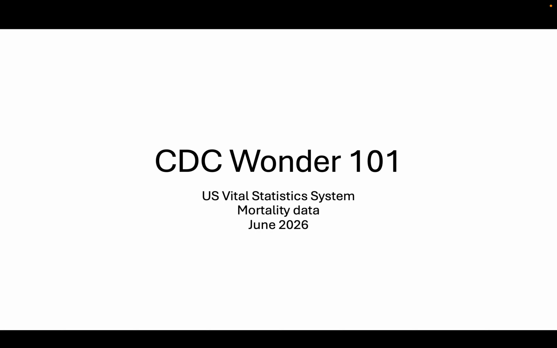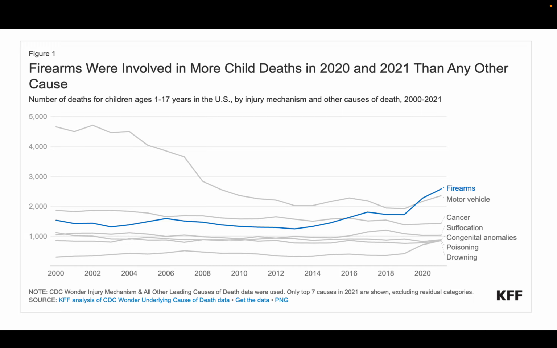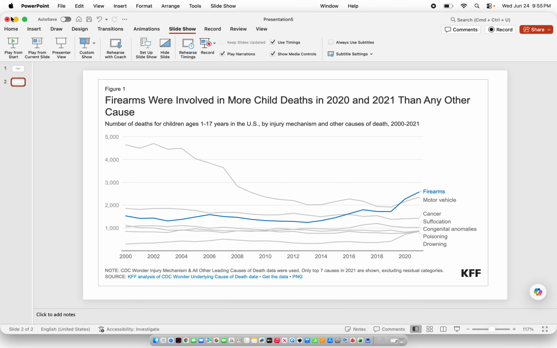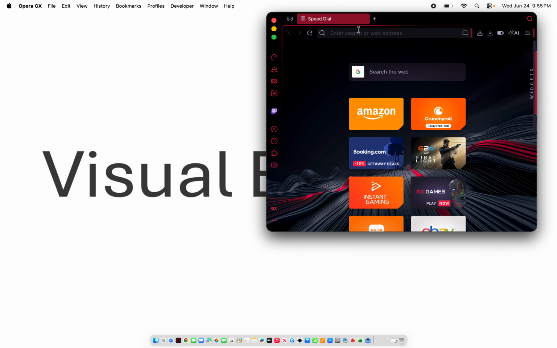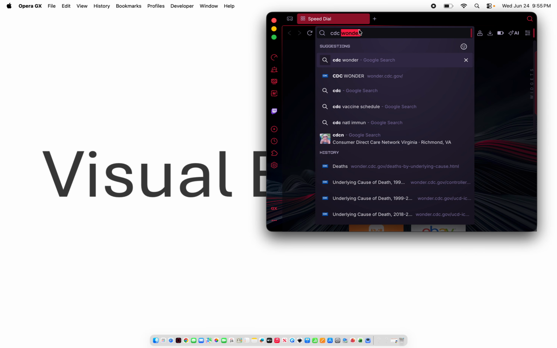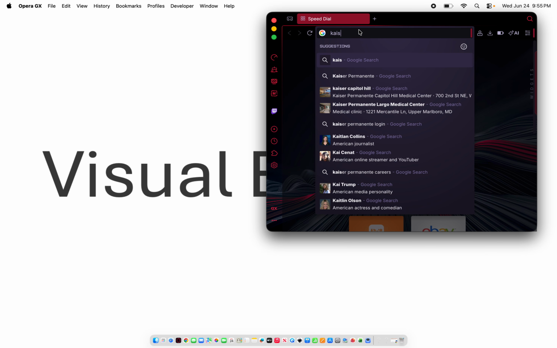All right. What we're going to do is show how to get data like this out of the system. So let's get started. We first go to the source itself.